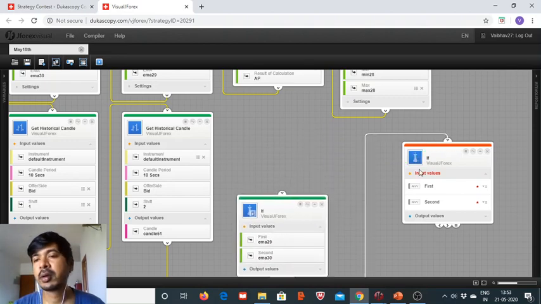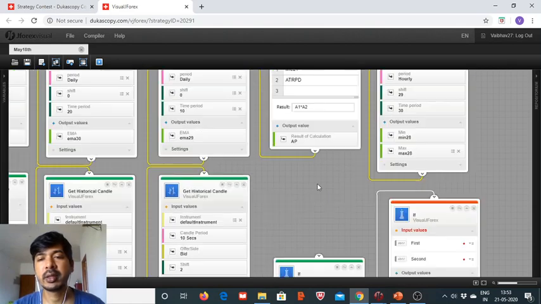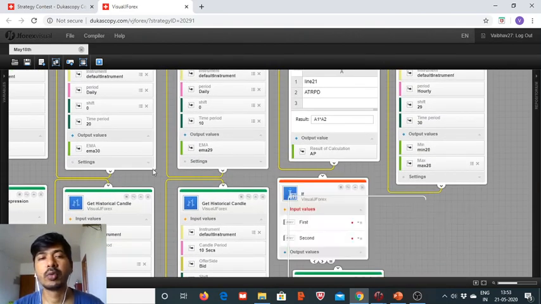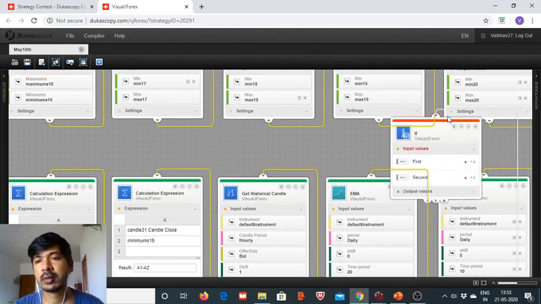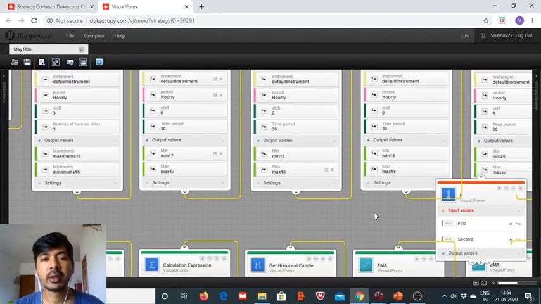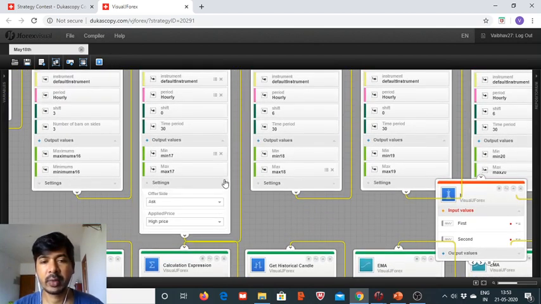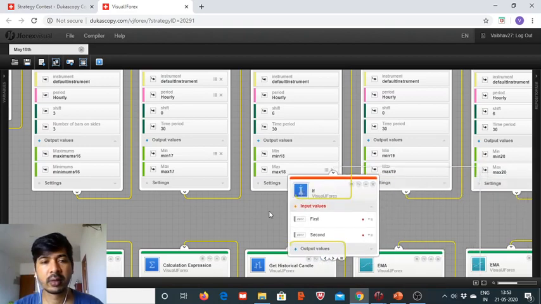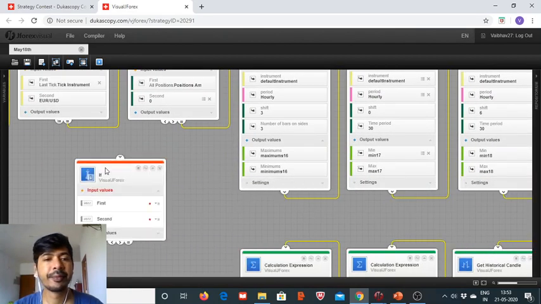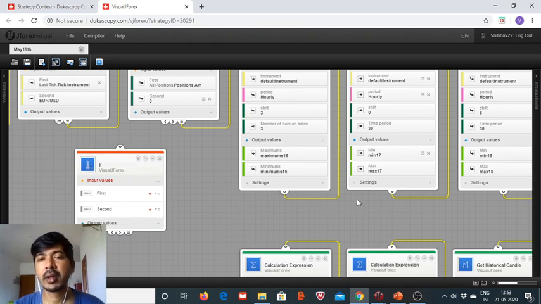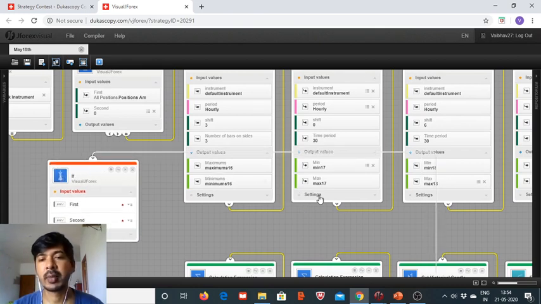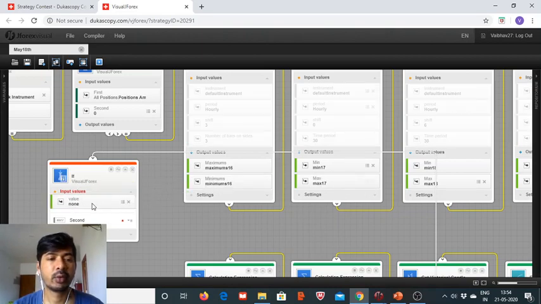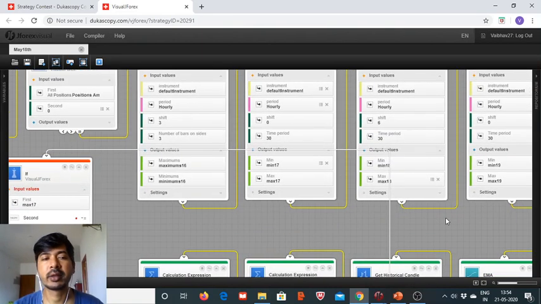Then we want the maxima to be rising. So we go back to the maximum values. So here we need the maximum of ask high price. Okay, we got it. And we need to take the current maximum value, max 17, and we need to compare it to the maximum value 29 hours back.